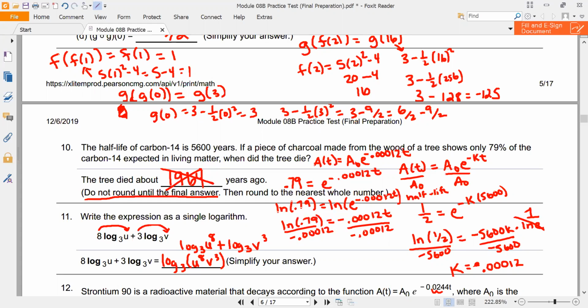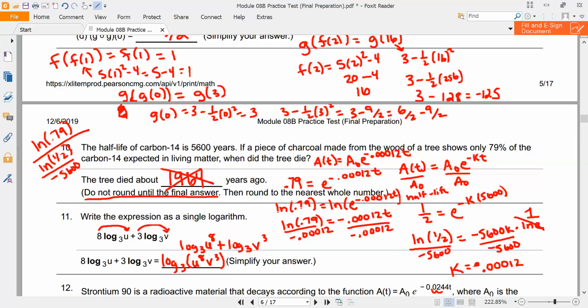This becomes a little tricky because we would want natural log of 0.79 to be divided by what we had right before we divided, which is the natural log of 1/2 divided by the negative 5,600. So the decimal we got is what ends up being underneath natural log of 0.79.